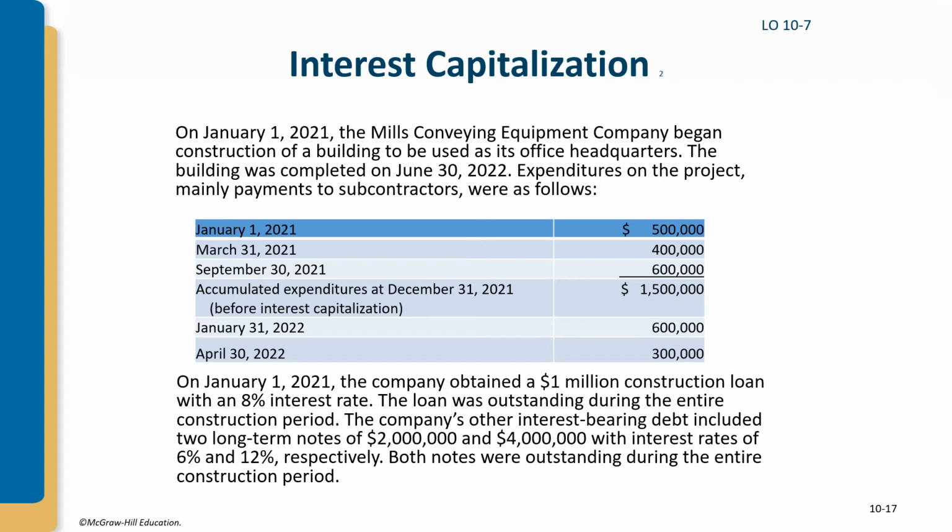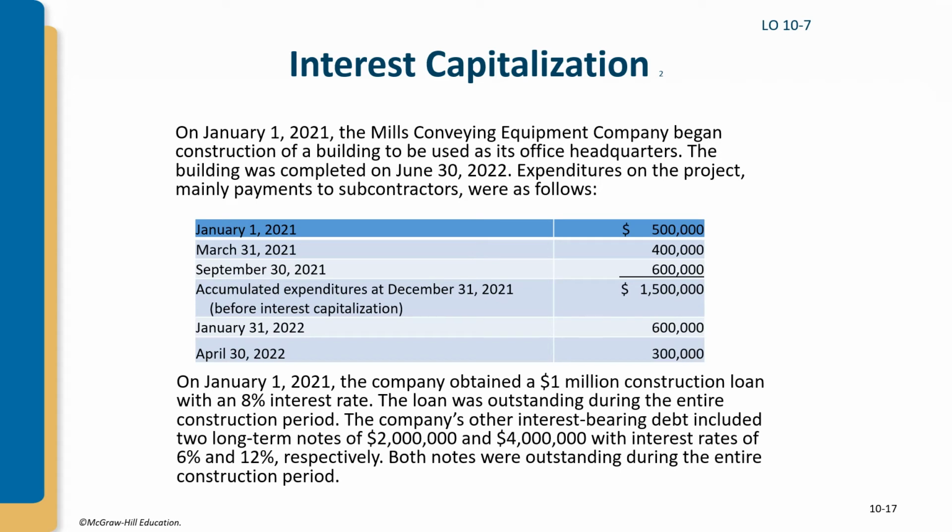Now, also, and this is what you want to be aware of, January 1, the company obtained a $1 million construction loan with an 8% interest rate. So this construction loan was taken specifically for this project. It has an 8% interest rate.